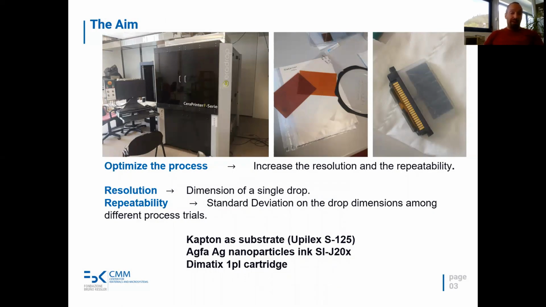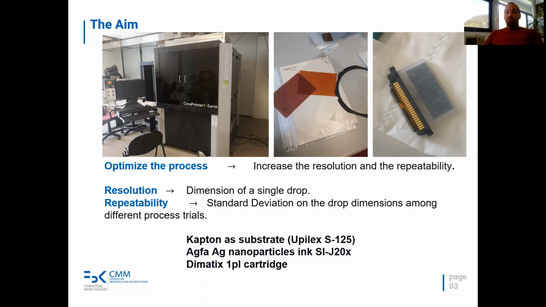We had some constraints. We had to use Kapton as a substrate and a commercial ink from AGFA, based on silver nanoparticles. We also had to use the Dimatix 1 picoliter cartridges.